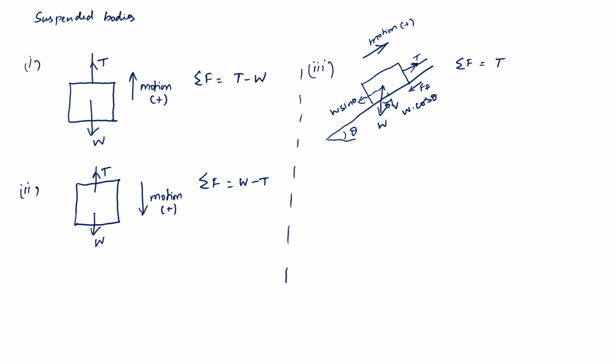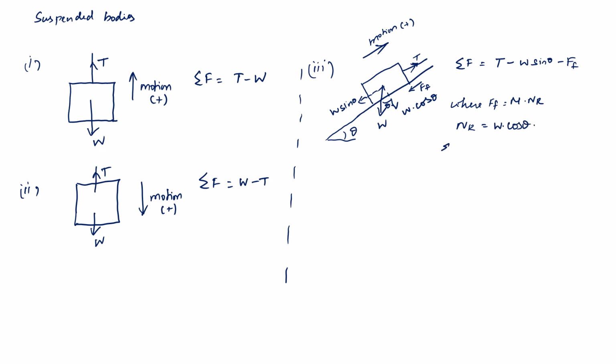T is in the same direction as motion. Against the motion is minus W sin theta and then minus FF, where FF is equal to mu into NR. NR is given by summing up all the perpendicular forces to the plane. The only perpendicular force is W cos theta, so NR will be W cos theta.